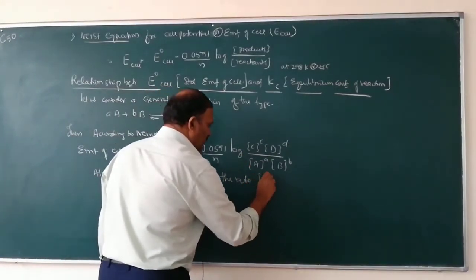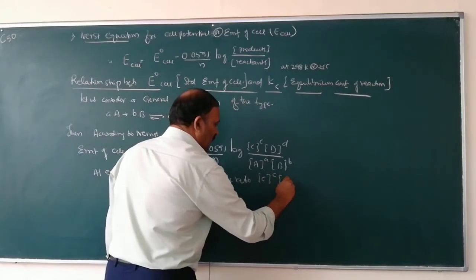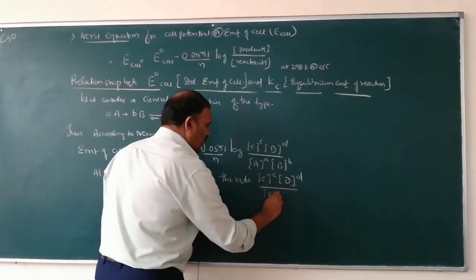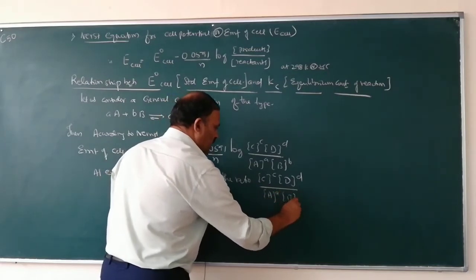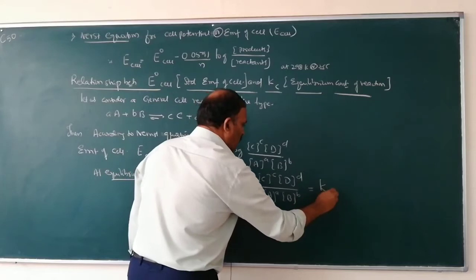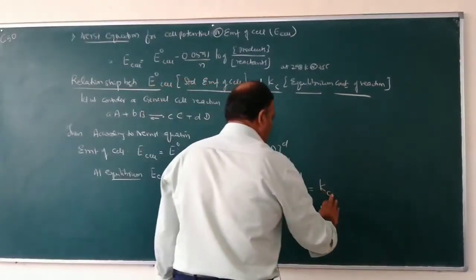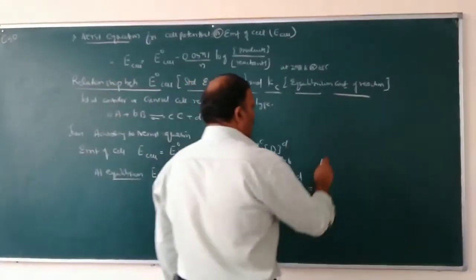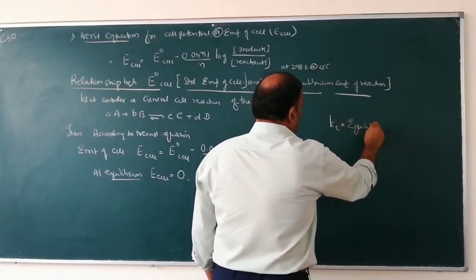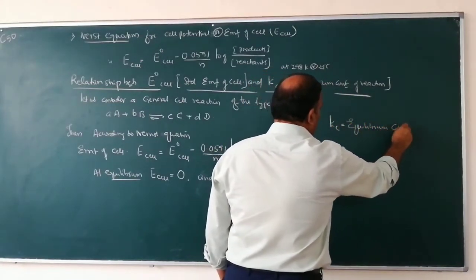Therefore, E cell is equal to 0, and the ratio, that is concentration of C to the power c, concentration of D to the power d divided by concentration of A to the power a into concentration of B to the power b, is equal to Kc, where Kc is called the equilibrium constant.